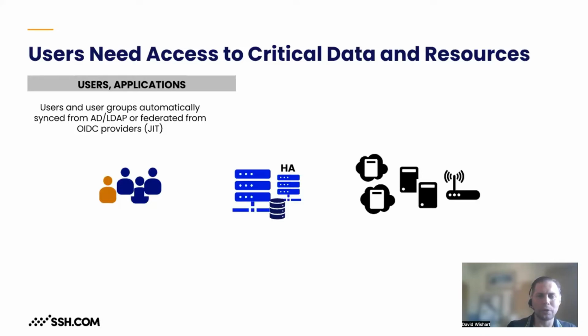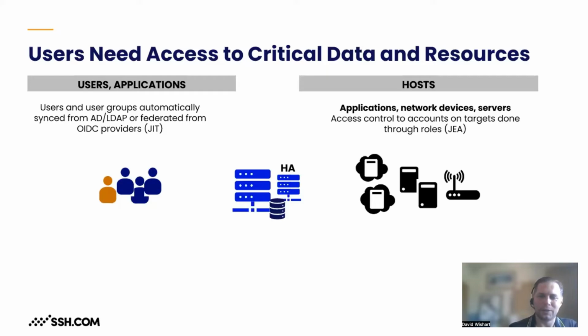We, of course, also need targets. So again, hosts are either added manually via the API, pushed via SCIM, or we can index the targets automatically from cloud providers. At import time, the targets and the target accounts are also mapped into roles.